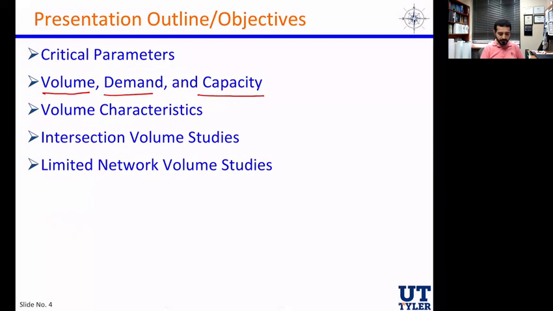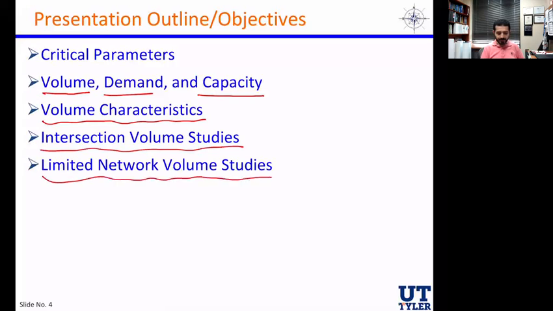And then we're going to talk about the volume characteristics. In the second part of this chapter, we're going to cover the intersection volume studies as well as the limited network volume studies. So those are the 5 major points that we need to cover in chapter 9.